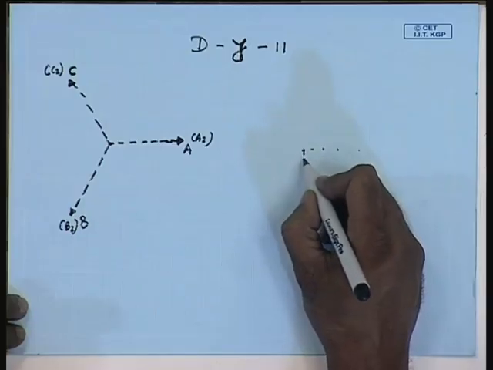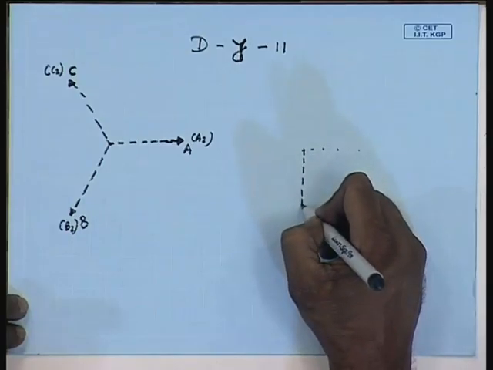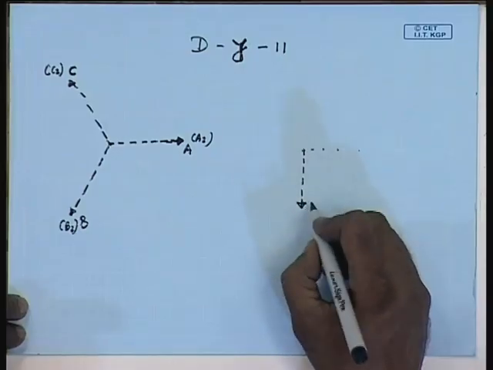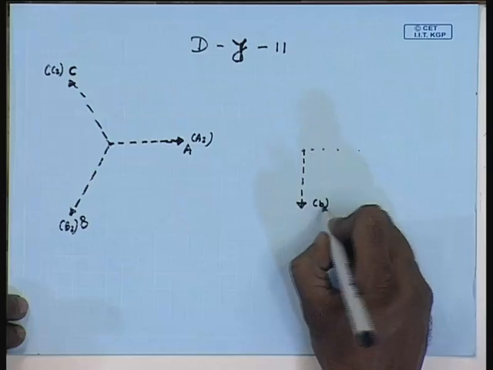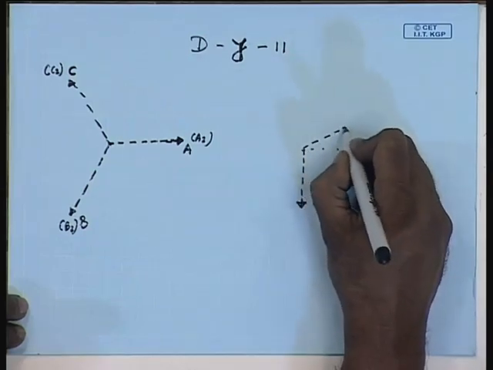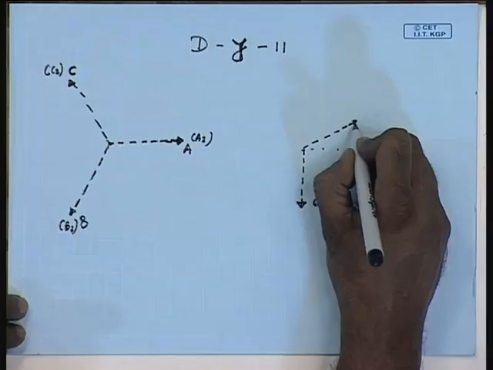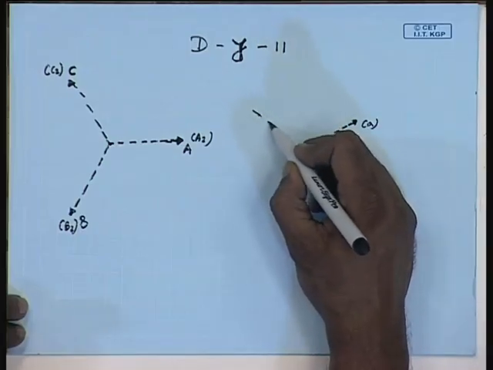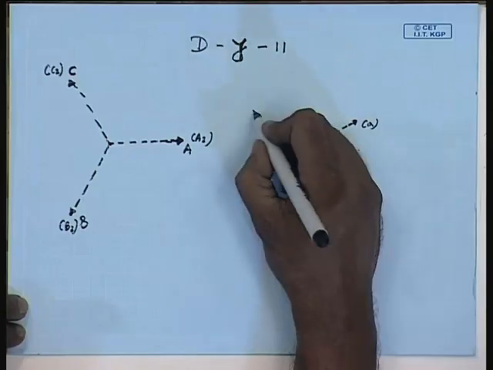So, this should be the line to neutral voltage of phase B, this should be the line to neutral voltage of phase A, and this should be the line to neutral voltage of phase C.